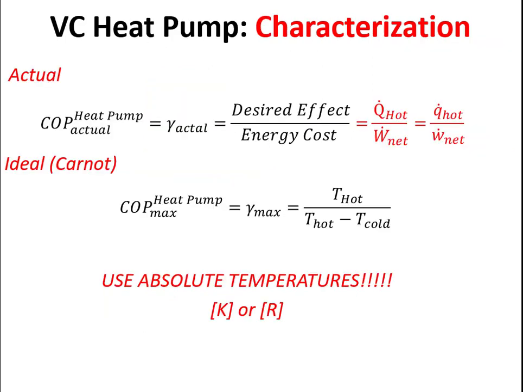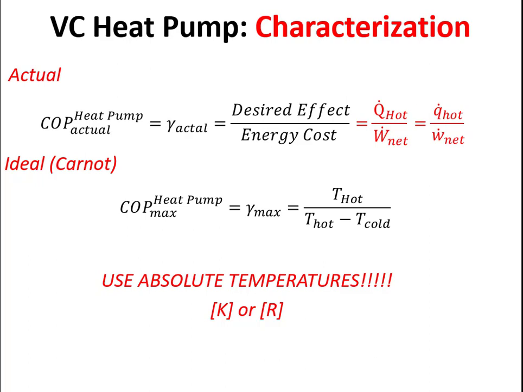If we're looking at characterizing this particular cycle, we talk about coefficients of performance because they're greater than 1, so they're not efficiencies, but it's still the desired energy effect divided by the energy cost. In this case, Q hot over W dot net. We can compare that to a Carnot efficiency or a Carnot coefficient of performance for these cycles, where that will be T hot divided by T hot minus T cold.